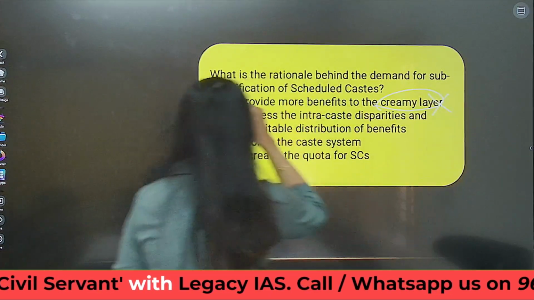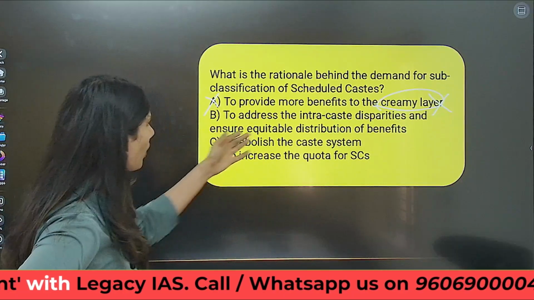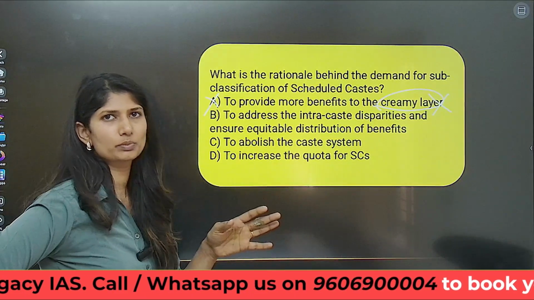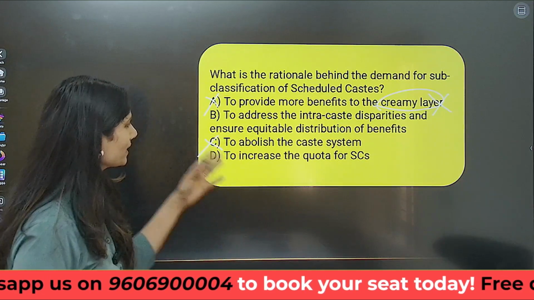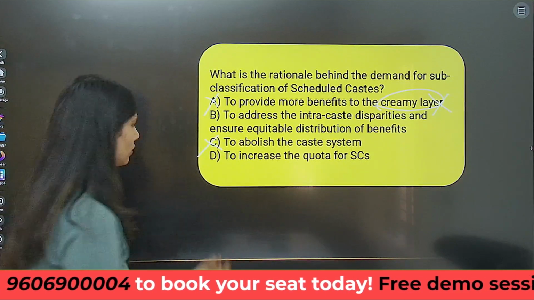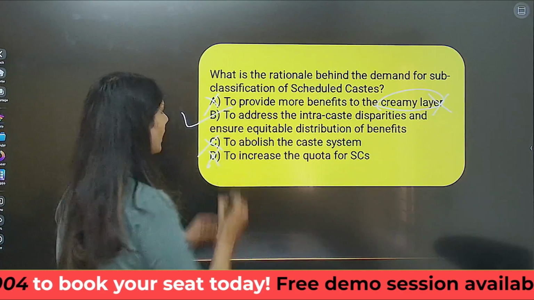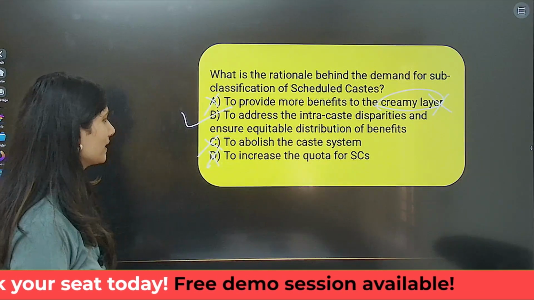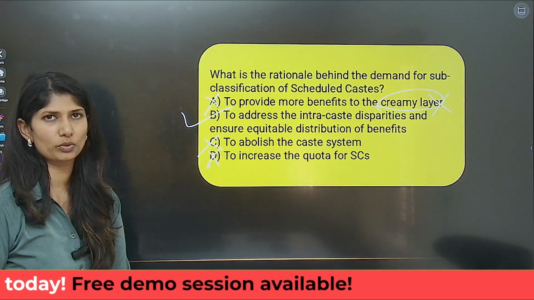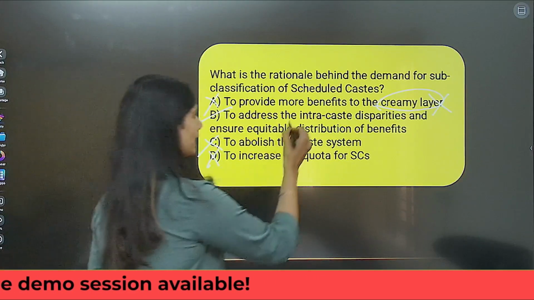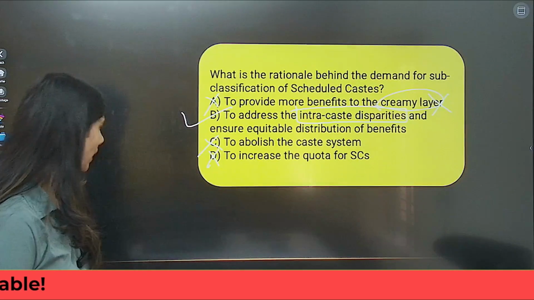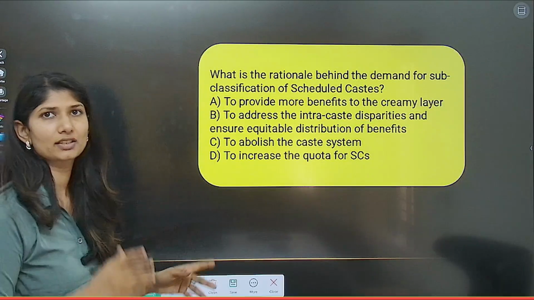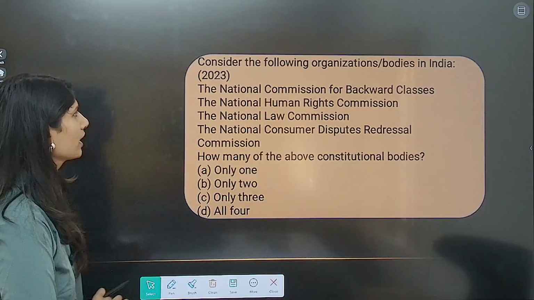So this is wrong. To abolish the caste system, no, there would not be such a thing where you bring in something to abolish the caste system. To increase the quotas for SCs, no, this is not it. The answer is to address the intra-caste disparities and ensure equitable distribution of benefits. Here the keyword I want you to underline is intra-caste disparities. To address that, they are looking for subclassification.